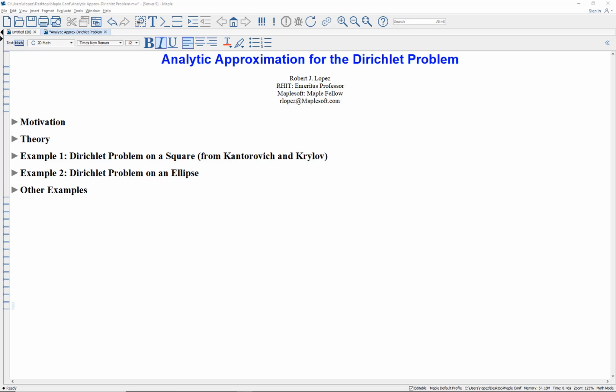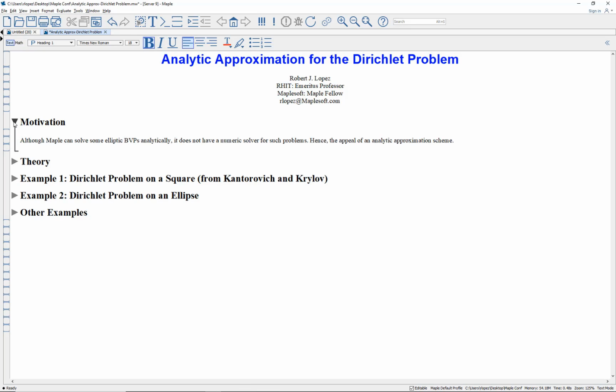I'm going to describe an analytic approximation scheme for the Dirichlet problem, a scheme that I've only recently found in the literature. My curiosity was further aroused because while Maple can solve some elliptic boundary value problems analytically, it doesn't have a numeric solver for such problems.